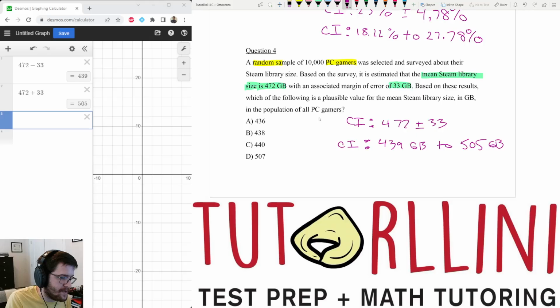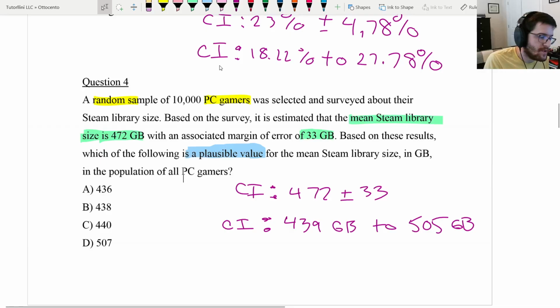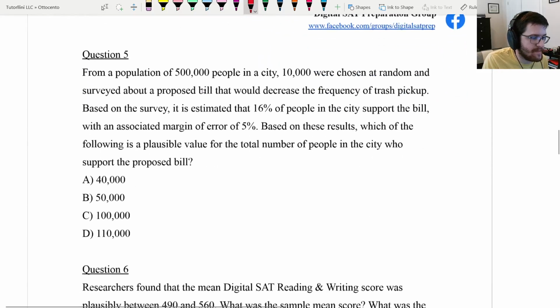And let's see, so we have to pick the plausible value. So we just have to pick one that is in between those two numbers. Seems like the only one is 440. These ones are too small, and 507 is too big. So you see they don't include any of the endpoints. It's just very clearly one of them is in the middle. Great.